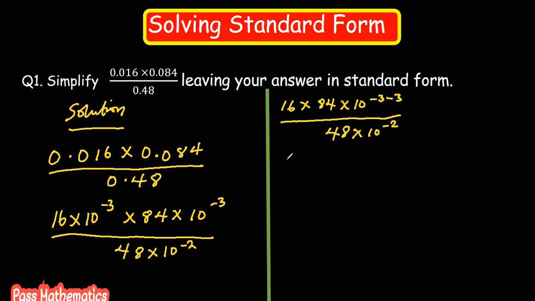Then 16 times 84. Okay, we have 1344, that is 1344 times 10 raised to the power of, what do we have? Minus 6.